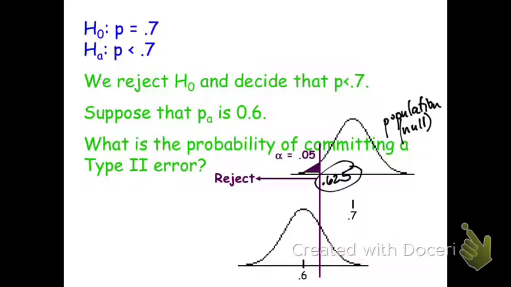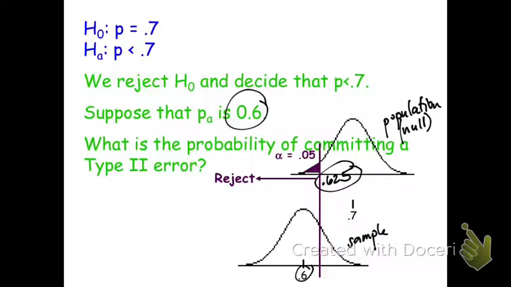This second normal curve represents my sample, and it's centered at 0.6, because when I took my sample, I got 0.6. So based upon my sample, the center of it is 0.6.